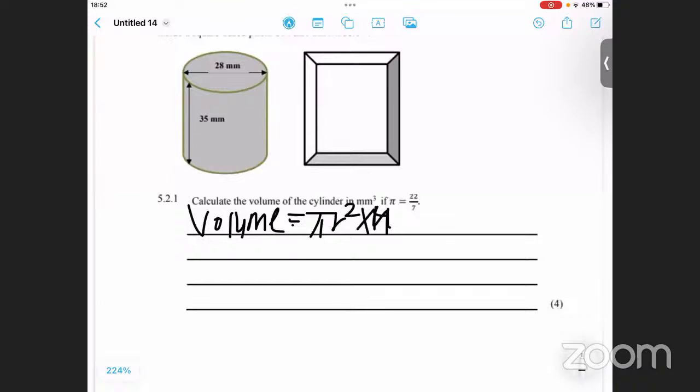Okay. So now we're going to plug in everything that we have. So our r, what is our r? Is it 28? 14, ma'am. 14. So it's 14 squared multiplied by height. Then what is going to be our height? Is it 35 or is it 28?